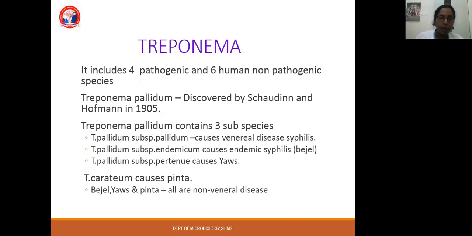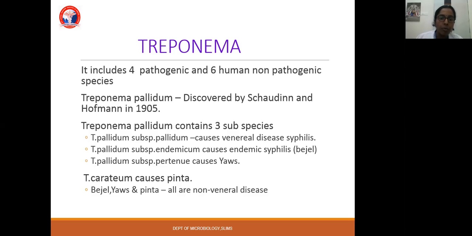In these spirochetes, we'll see about Treponema. Treponema includes 4 pathogenic and 6 human non-pathogenic species. Treponema pallidum was discovered by Schaudinn and Hoffmann in 1905.